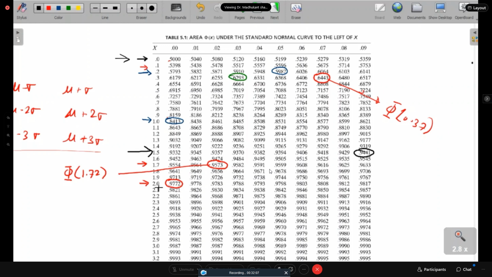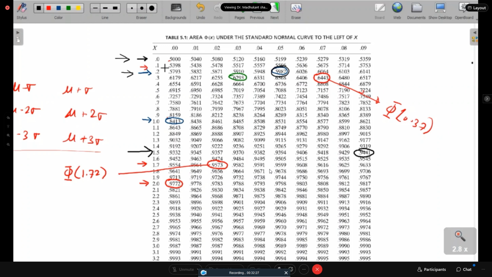Already. Okay, so let me tell you what this value 0.5987 is. This will correspond to the 0.2 row if you look here, and 0.05.